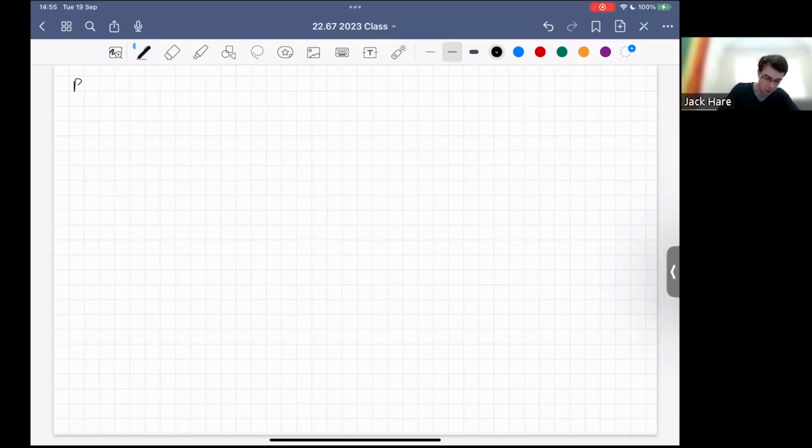So this is my one-page brief overview of sheath physics.